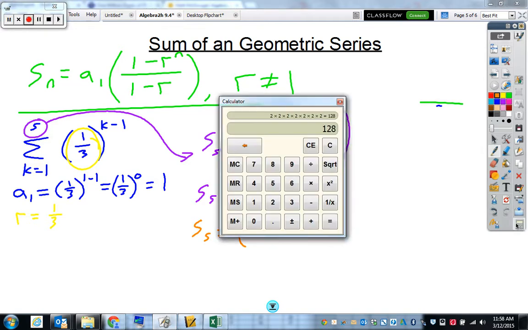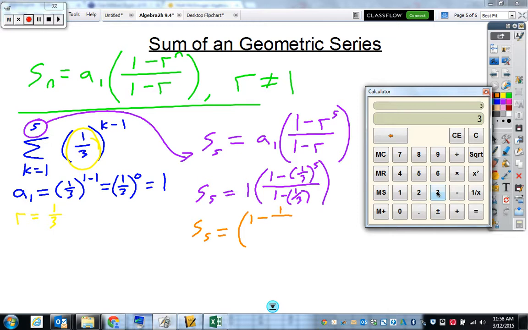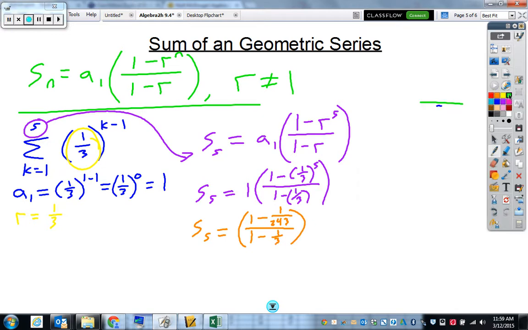Let's break the calculator out again real quick. 3 to the 5th is 243, over 1 minus 1/3. Well, to subtract these numbers, I need common denominators.